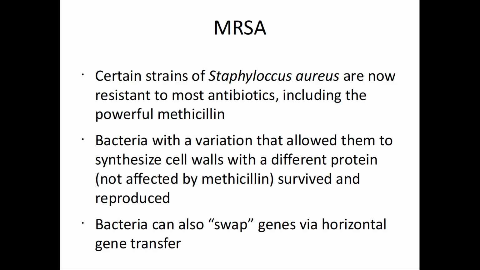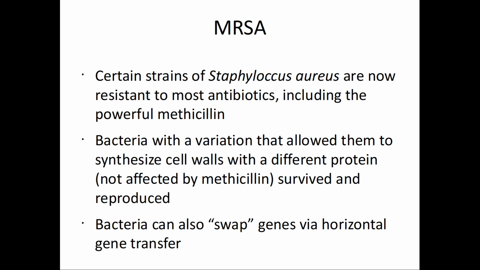And a lot of times these plasmids contain antibiotic resistance. So one population of bacteria may not have been resistant to an antibiotic, but they can gain it, which is remarkable.